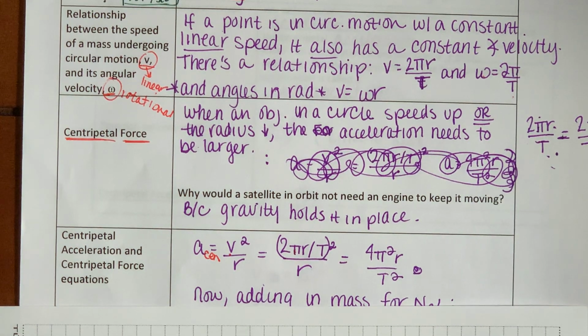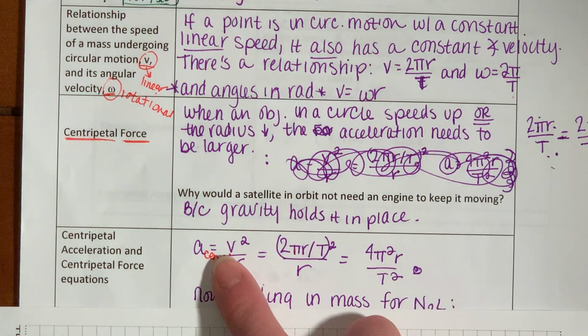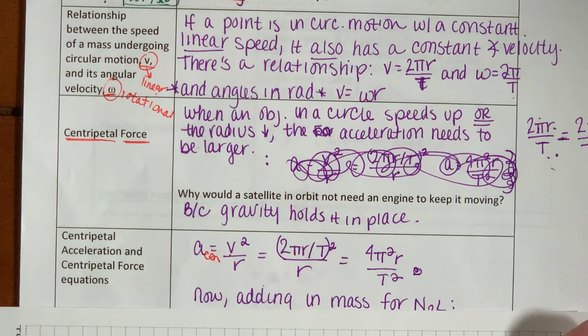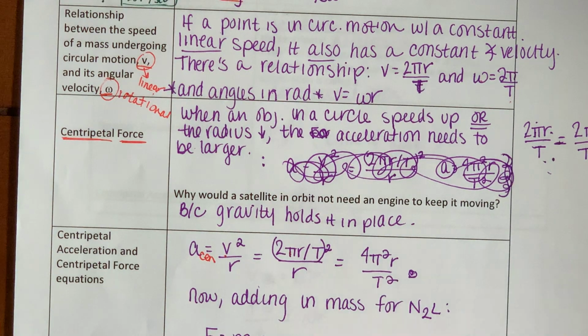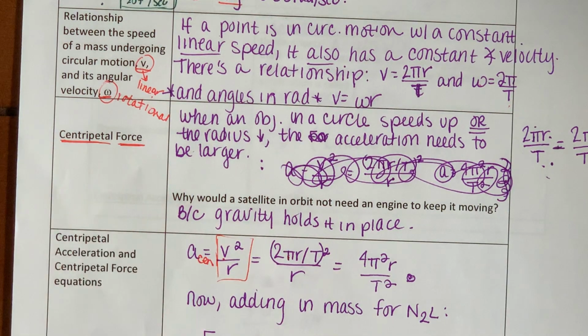So now if we want to talk about what that centripetal force is, this is our equation for acceleration. So in order to get force, being mass times acceleration, all we have to do is multiply mass by the top. And so hopefully you guys got that. In linear, force is mass times acceleration. In circular, force is also mass times, here's your acceleration right here, v squared over r, which shows up right here.